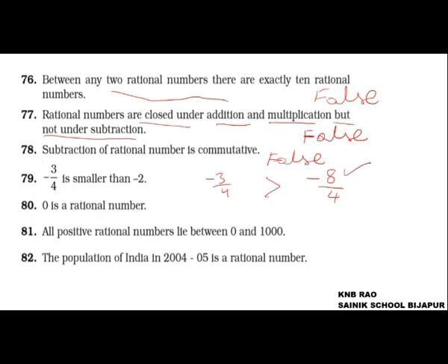This way you can check, or on a number line, when you consider 0, between minus 1 and 0 we will find minus 3 by 4, whereas minus 2 will be to the left side of minus 3 by 4. Whoever is on the right side of another number on a number line is greater. So this is false.